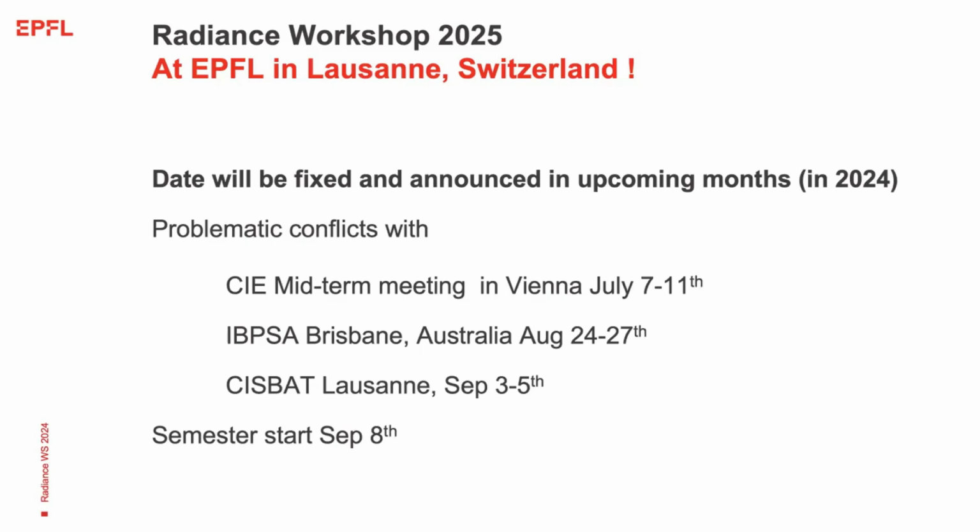And we have the semester start directly after, which makes it difficult to have rooms. I don't want to bother you with this, but these are things we have to discuss and see how we manage that. So the time slot is not yet clear to me. Maybe the week before IBPSA, but this is still in vacation time. So yeah.